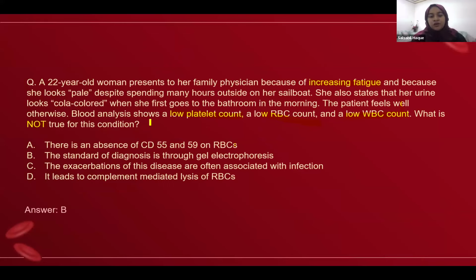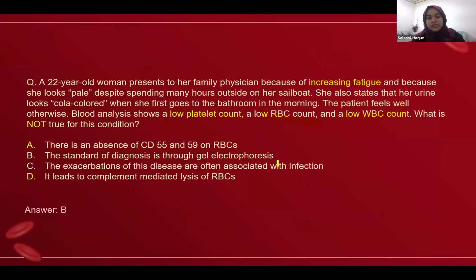So you have absence of GPI anchor proteins, which are CD55 and CD59 on RBCs. So when this happens, the complement system does not recognize this RBC as its own, and therefore it leads to complement-mediated lysis of RBCs. So A and D are correct, okay?